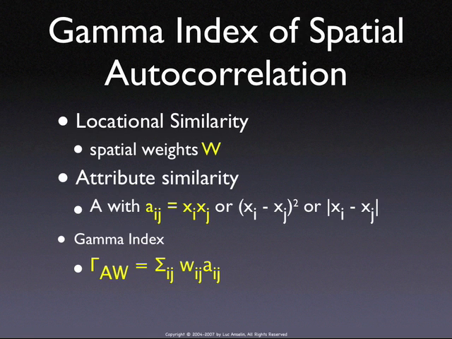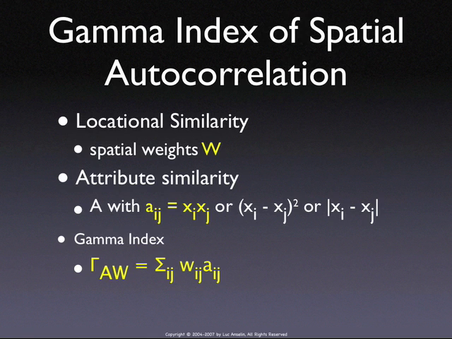Not only can you take different weights matrices, but you can also take different similarity matrices. We build them up, for example, by taking the cross product. It's important to remember that the element of the matrix pertains to a pair, an ij pair.